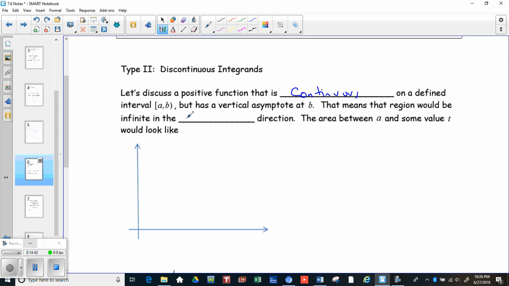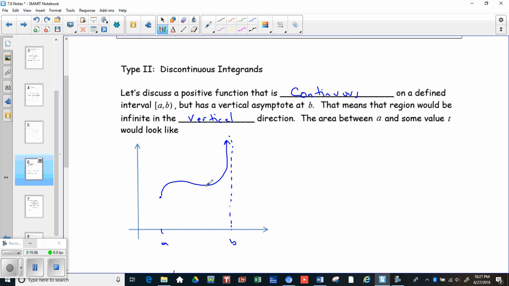This would actually give us an infinite region in the vertical direction. So here's a, and the function might do something like this, because b over here has a vertical asymptote.